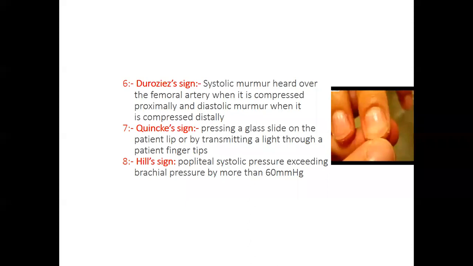But whenever it exceeds 60 millimeters of mercury, you can label this patient as having a positive Hill's sign. So again, this is one of the signs of patients having severe aortic regurgitation.